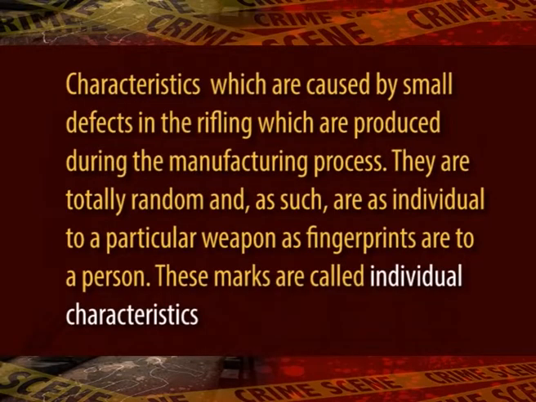These individual characteristics are caused by small defects in the rifling which are produced during the manufacturing process. They are totally random and as such are as individual to a particular weapon as fingerprints are to a person. These marks are called individual characteristics.